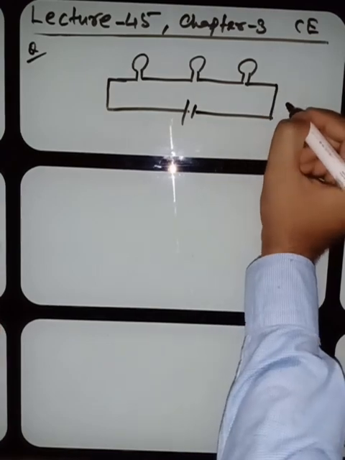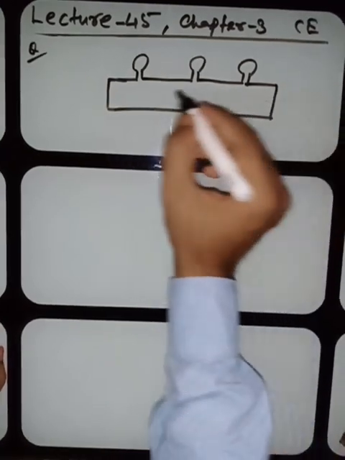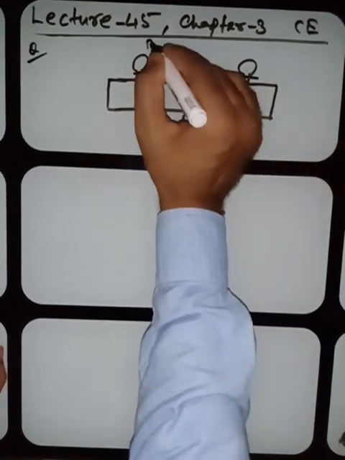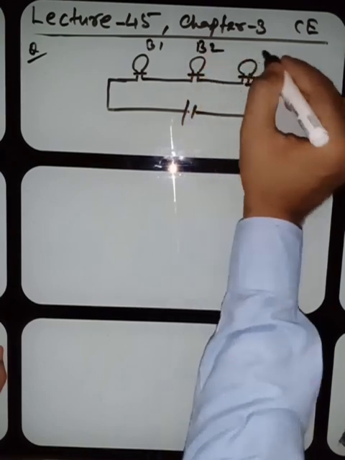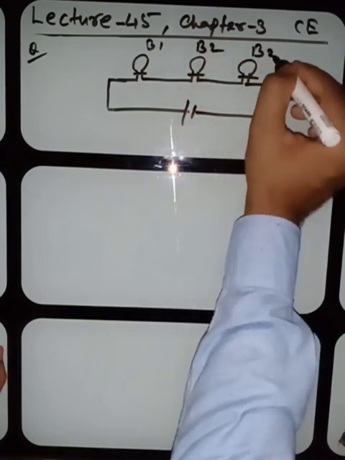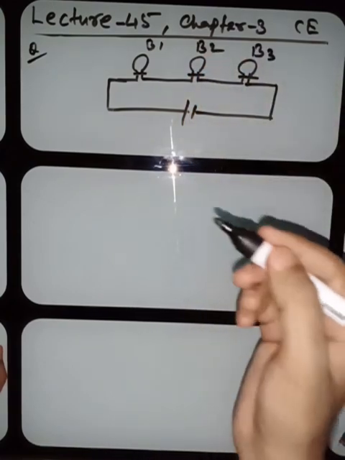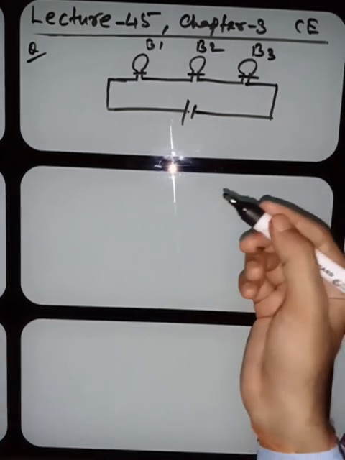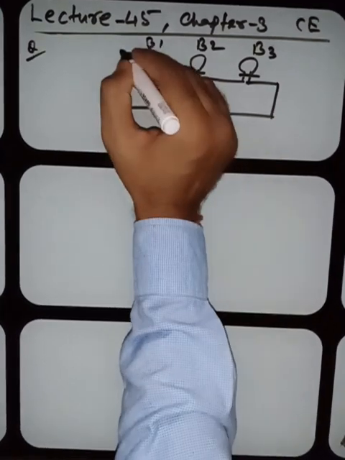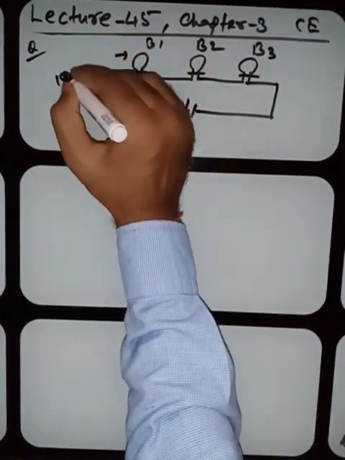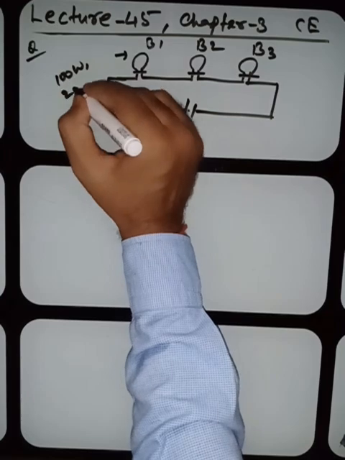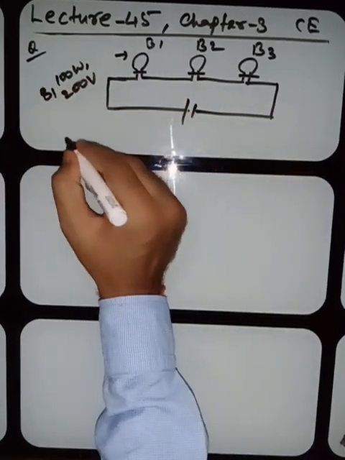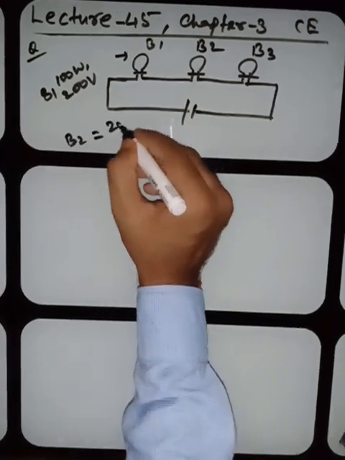Here are bulbs B1, B2 and B3. The rating of these bulbs is given. The rating of B1 is 100 watt at 200 volt.